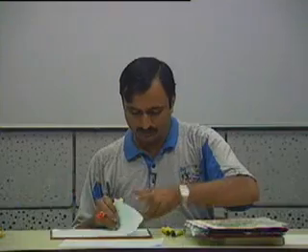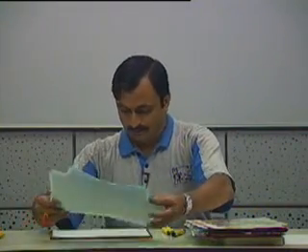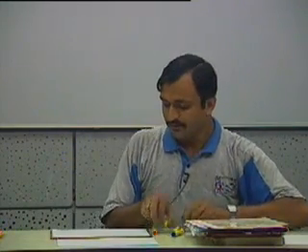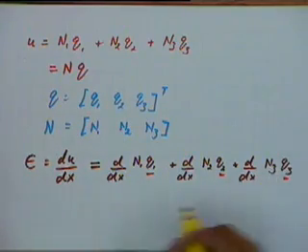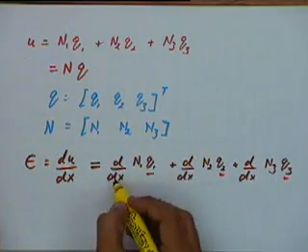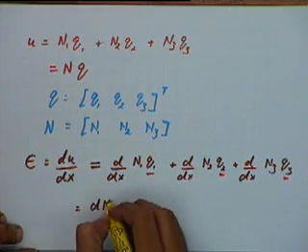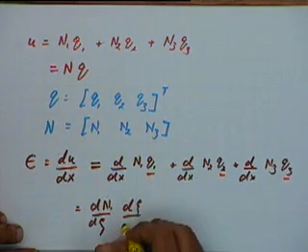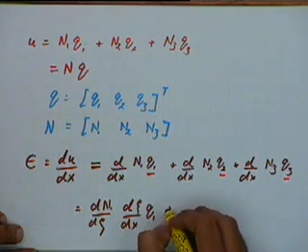So if we carry out this differentiation, the derivative of N1 with respect to x will be nothing but the derivative of N1 with respect to zeta multiplied by the derivative of zeta with respect to x, multiplied by q1 and so on.